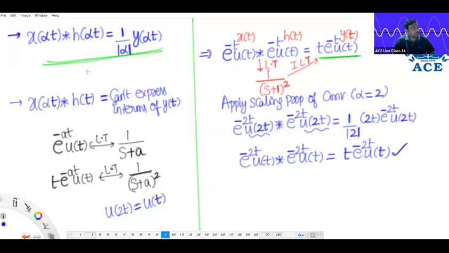When we scale input and system by the same factor, output can also be scaled, sir.